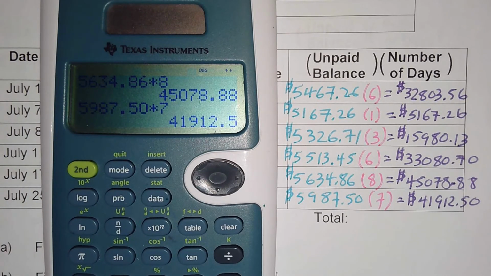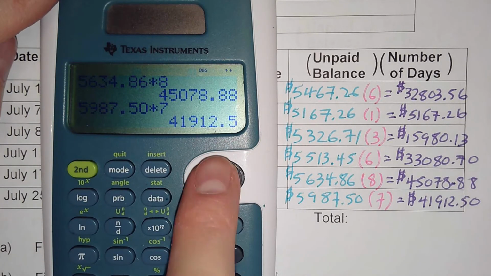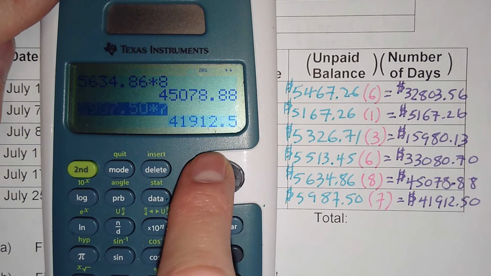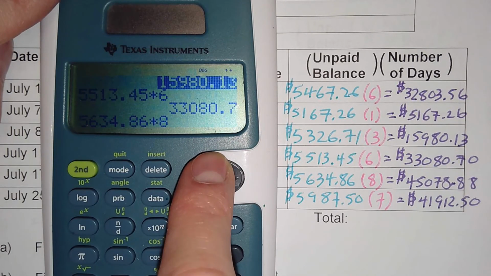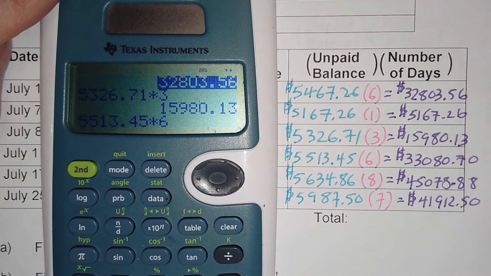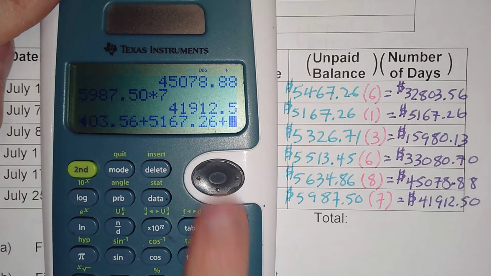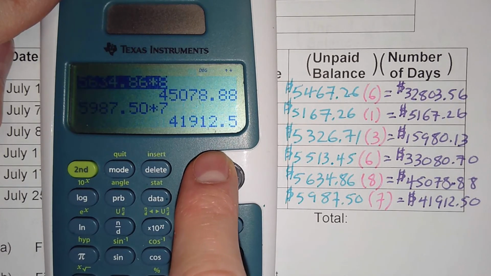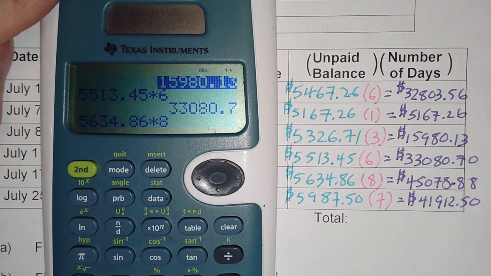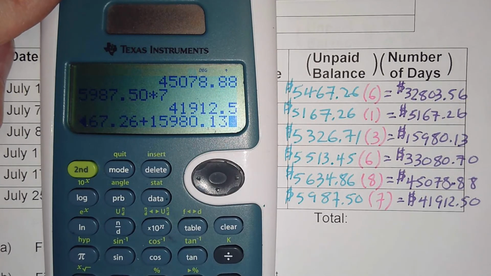So now we need to total all these up. Well, I don't want to redo all those calculations, so I'm going to highlight. Gotta go up a little bit. That was the first one. Enter. Plus. The second one we didn't have in the calculator. Plus. Now I'll go grab the third one, which is 15,000 and so forth.